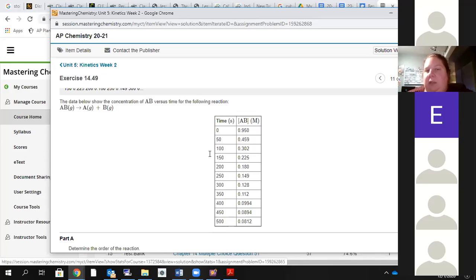So it's not quite exactly what they gave us on here, but it'd be close to 50 seconds. And then if we cut that in half again, it'd be 0.23, which again isn't exact, but it's close to this. And we can see that that's definitely not an even jump. So from 0 to 50 and then 50 to 150. So those are not even half-lives. So yeah, you could do it that way too.